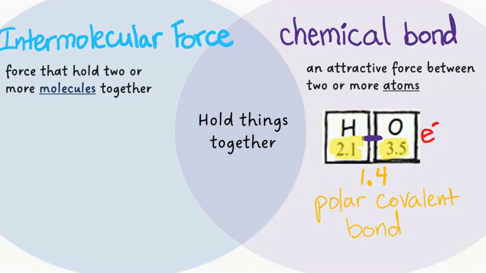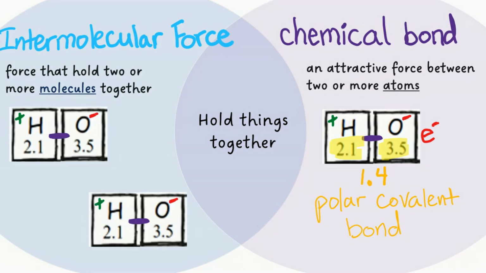Remember, electrons are negatively charged, so if the oxygen atom is pulling more electrons towards itself, that means it'll be partially negatively charged, more so than the hydrogen atom, meaning hydrogen here has a comparatively positive charge.